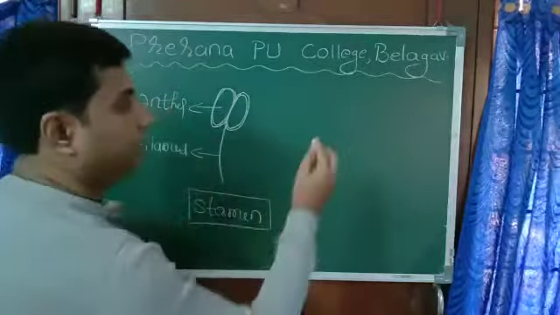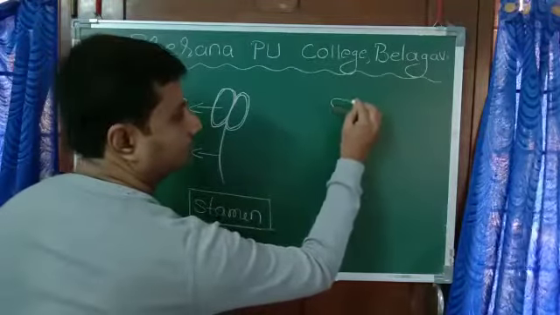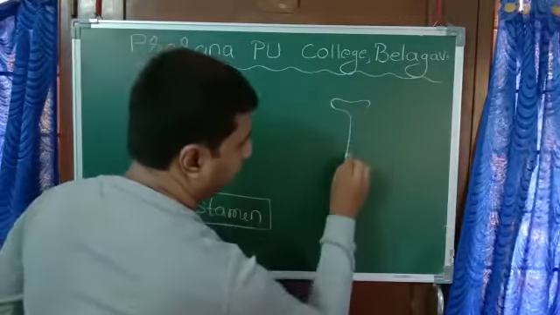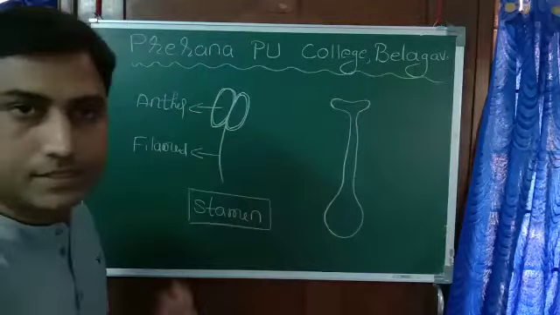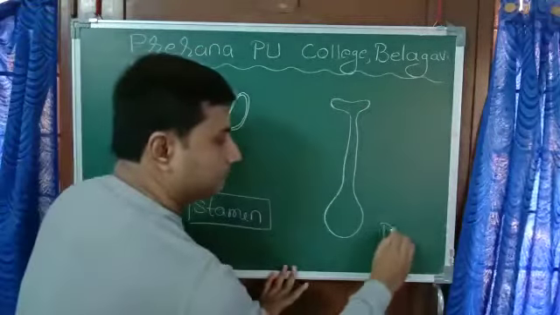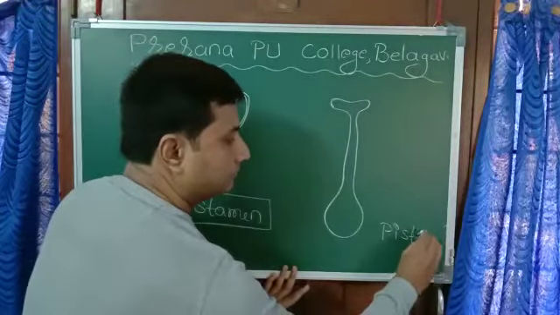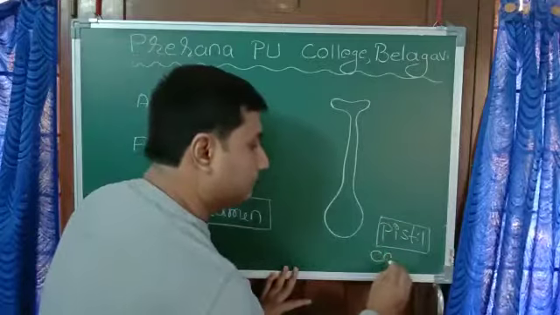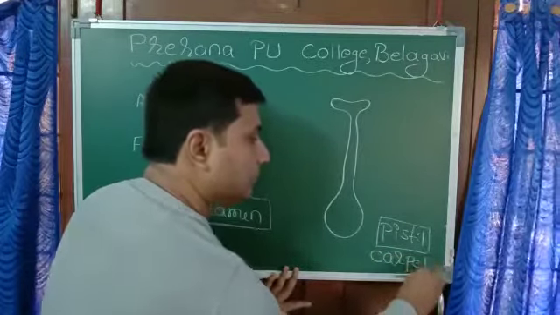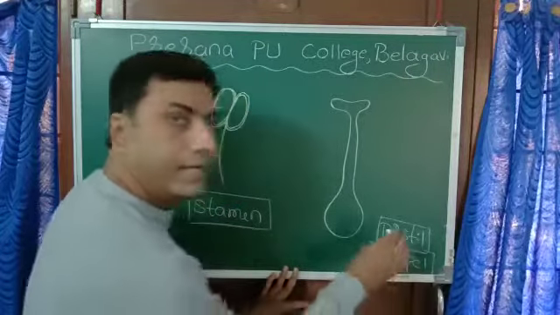Here is the pistil, somewhat like this. This is the pistil, or you call it the carpel, the female reproductive structure, one and the same.